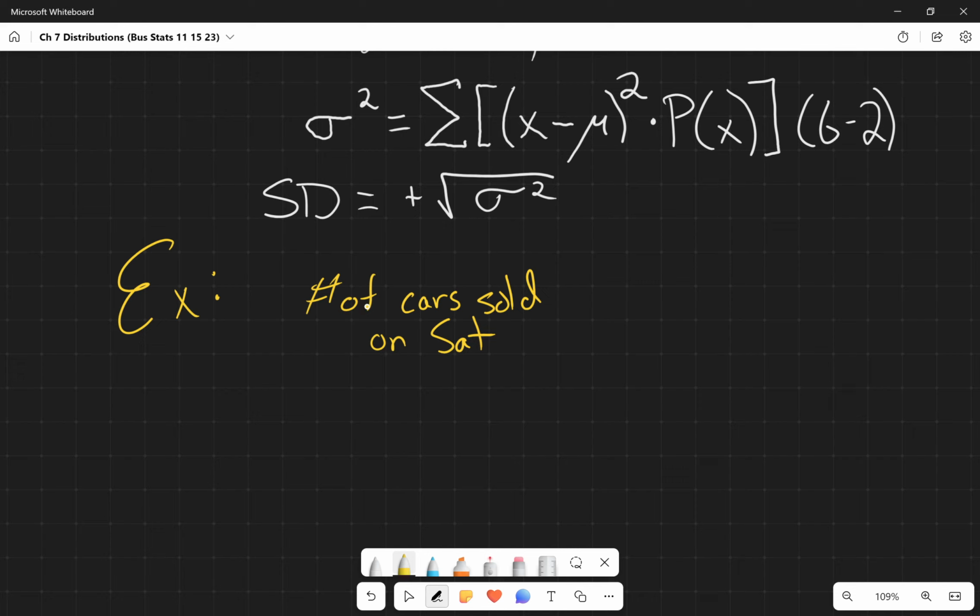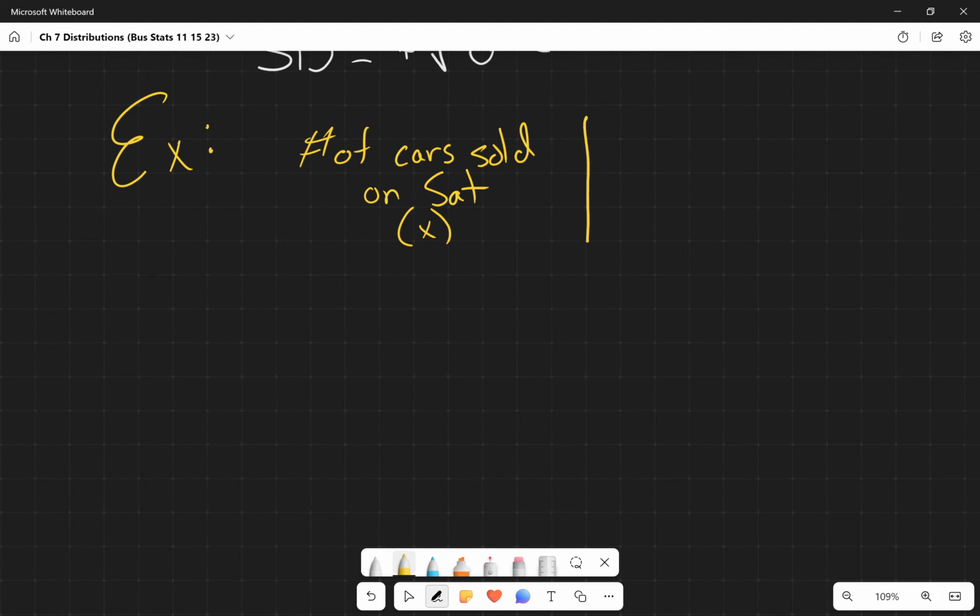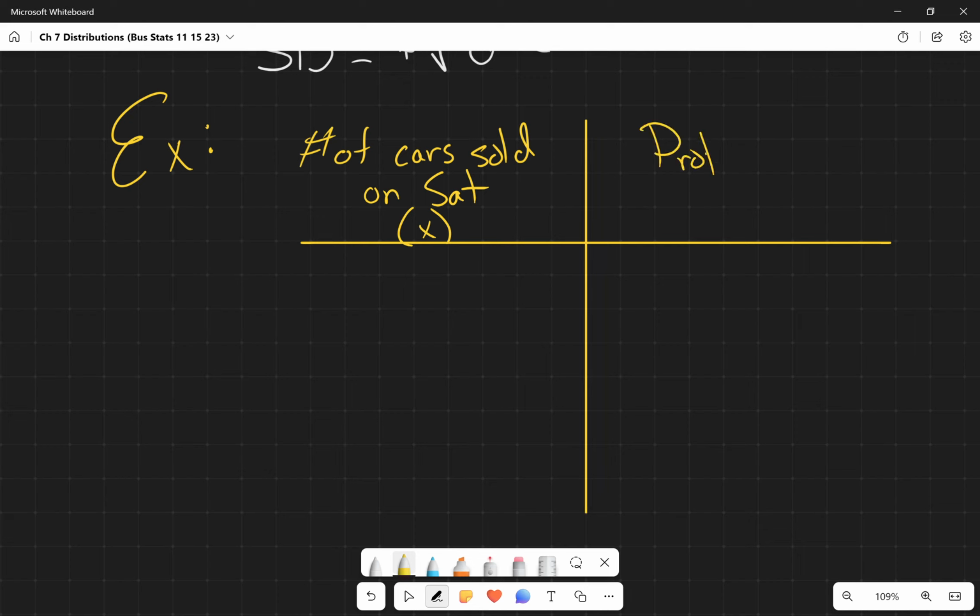And this is our X variable, right? And then our Y variable is our probability. So our function of X, our probability of X.